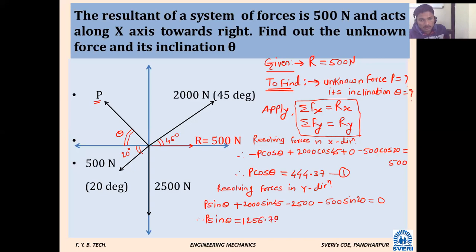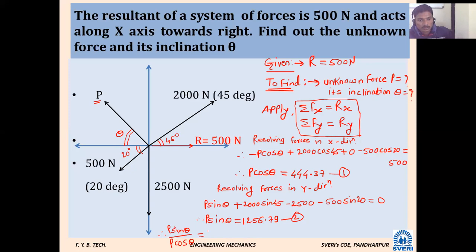Very good. Correct. Therefore, P sin theta divided by P cos theta equal to how much? P sin theta value is with you, and this one is also with you. So just check how much it is coming. I think it is coming 2.82.